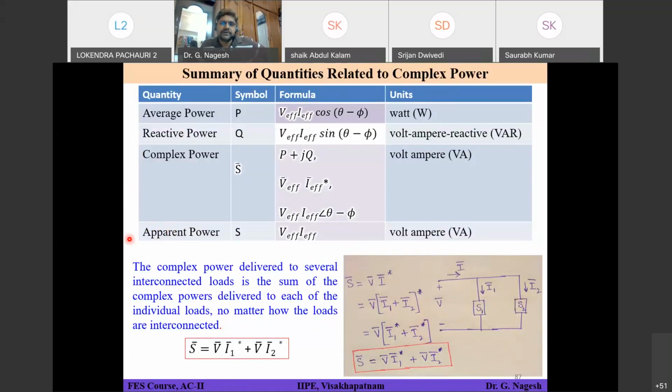So try to use this formula in terms of P1 plus jQ1. That means simply you have to substitute. You are understanding now? S is equal to P plus jQ, S1 is equal to P1 plus jQ1, S2 is equal to P2 plus jQ2. So try to use this formula and find out what could be Q2.